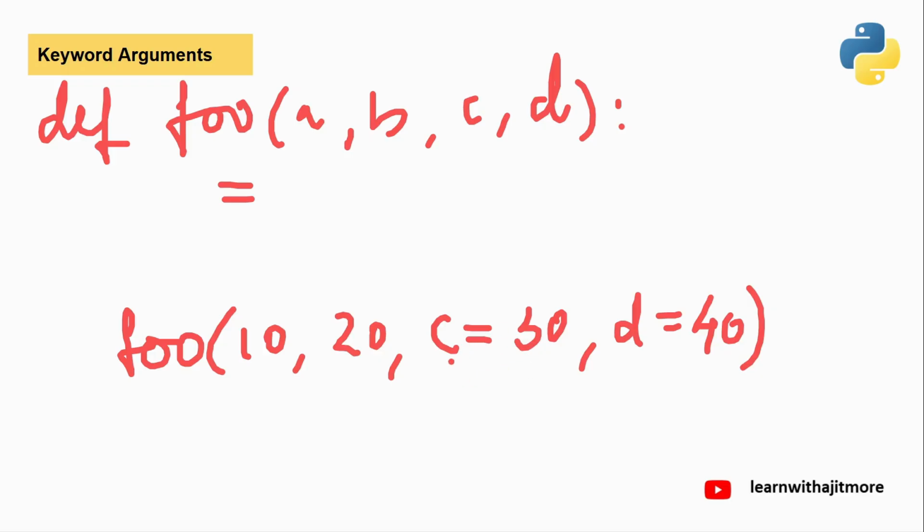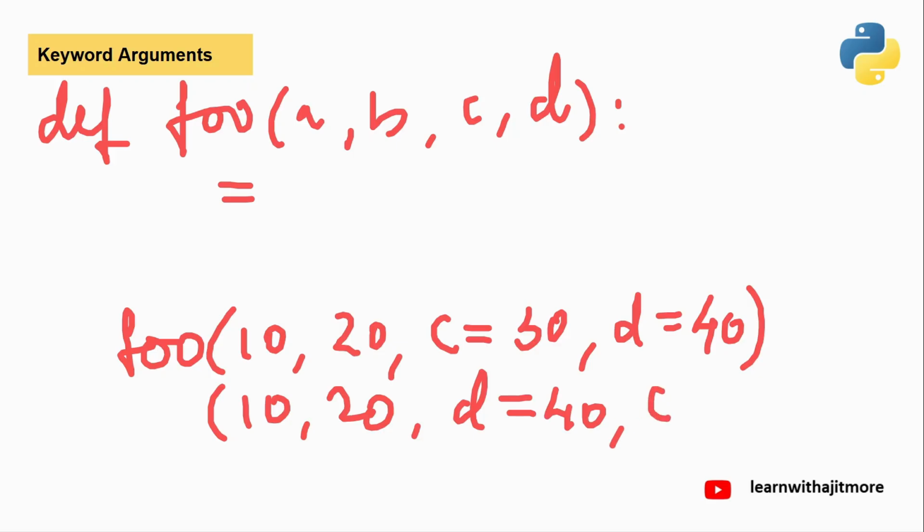Now 30 is associated with C, so 30 will go in C, and 40 with D. The same thing if I write 10, 20, and then D equal to 40 and C equal to 30. Still you'll get the same output, because once you start giving keywords, the order is not important.